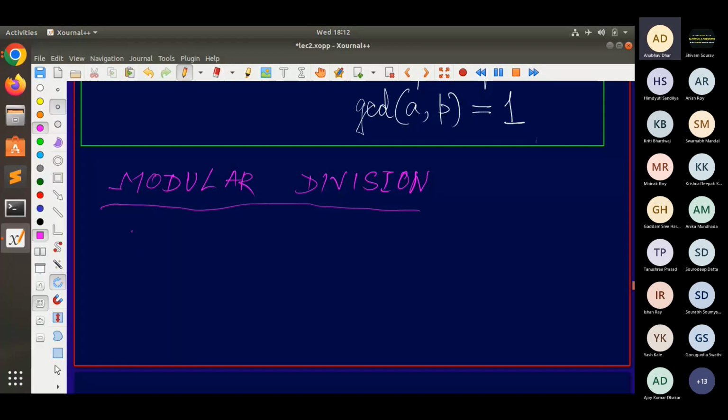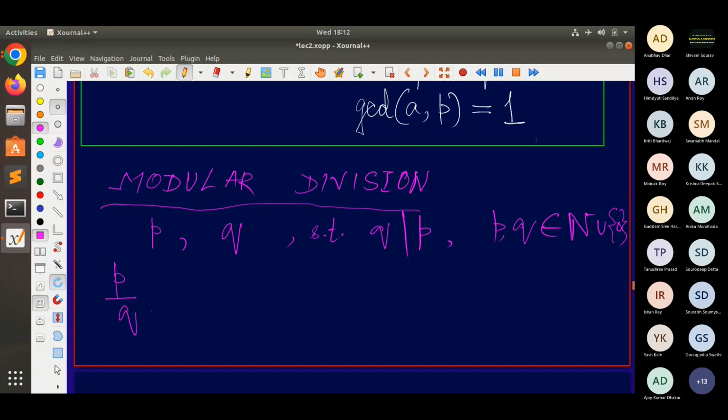So the main question is, if you have two numbers p and q such that q divides p, and they are non-negative integers, then we want to find the value of p by q, mod some integer m. To make our life simple, we just want this number mod some prime, so m is a prime.